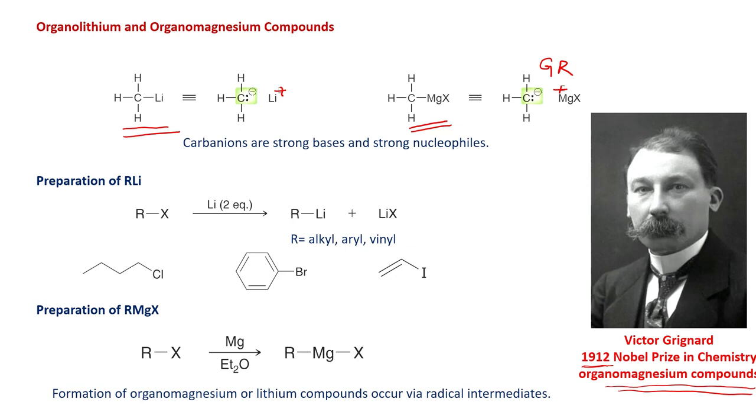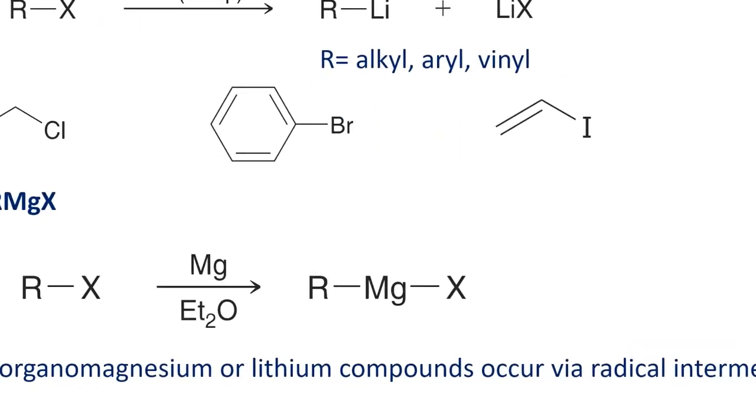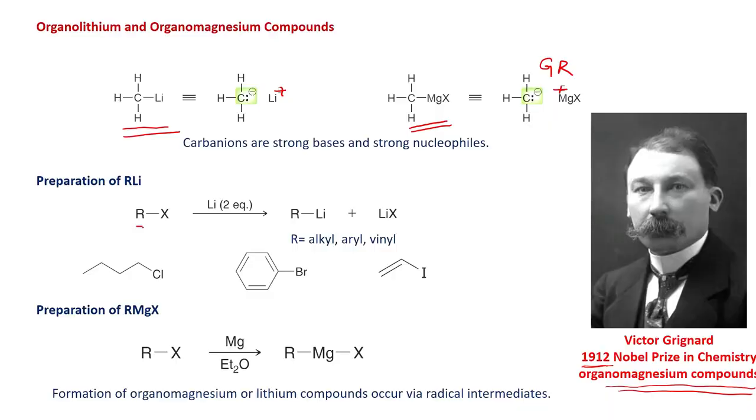How do you prepare organolithium and organomagnesium compounds? First you take an organohalide. When you treat the organohalide with lithium, it gives you an organolithium and a lithium halide.